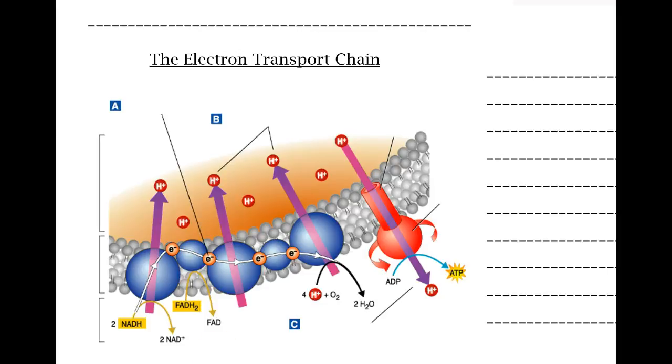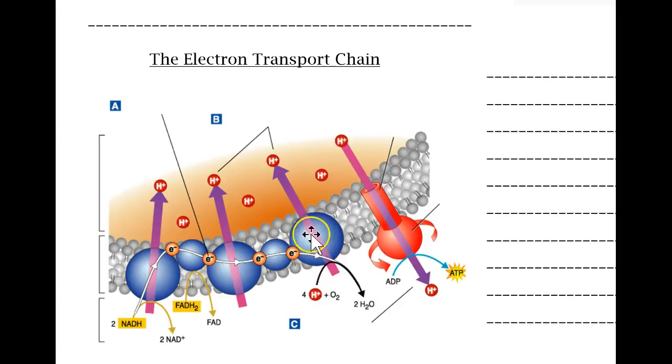Once they're done powering that pump, the electrons will move into the next transport protein and into the third ion pump, and they will power that pump to move hydrogen ions against the gradient and into that intermembrane space.